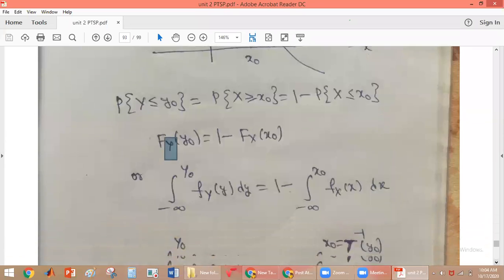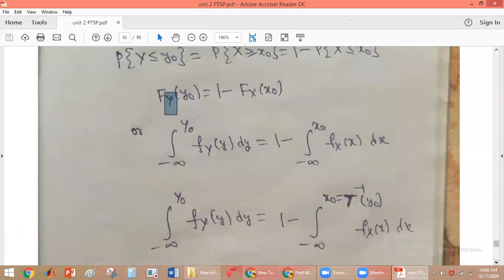Now we write it in terms of the density function. It is the integral from minus infinity to y naught of fy of y dy, and similarly 1 minus the integral from minus infinity to x naught of fx of x dx. This is the relation between the density function and the distribution function.